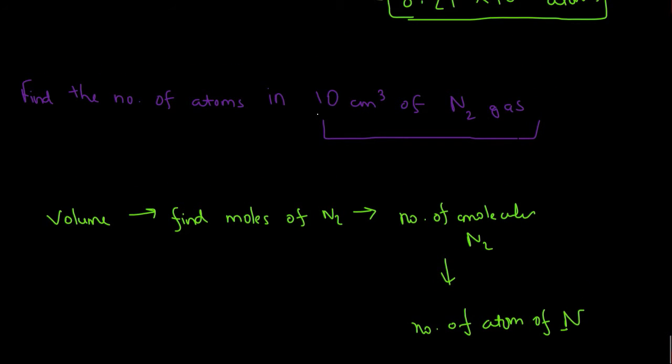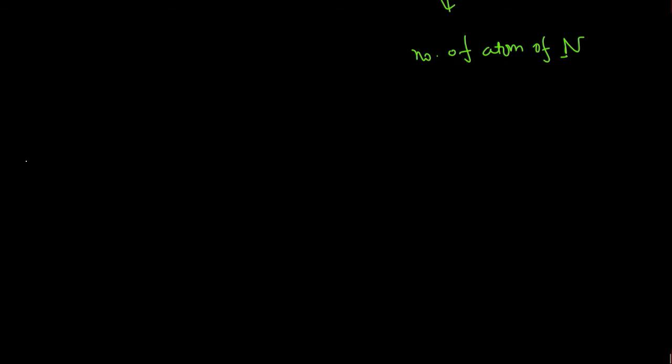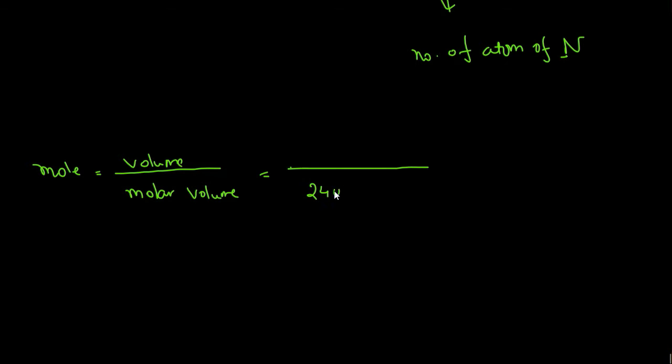So first step, the volume is 10 cm cube, so we're going to find the number of moles first. We use the formula moles is equal to volume by molar volume. We're going to assume that it's RTP, so molar volume is going to be 24,000 cm cube per mole, and the volume was 10 cm cube.